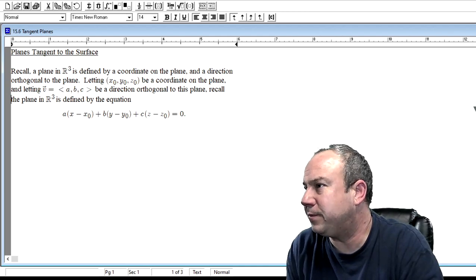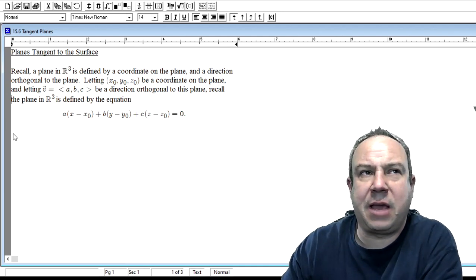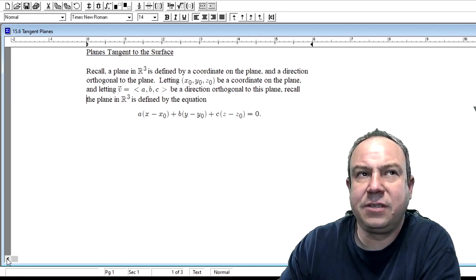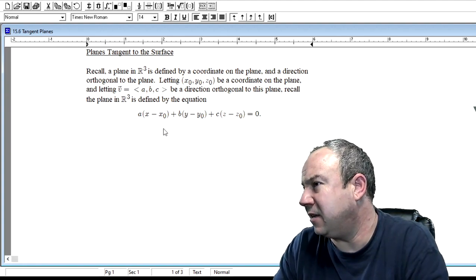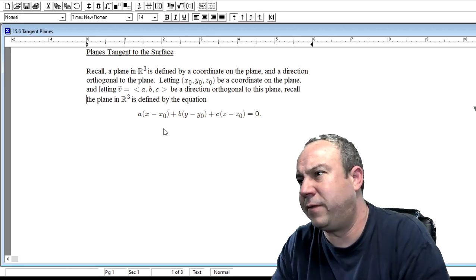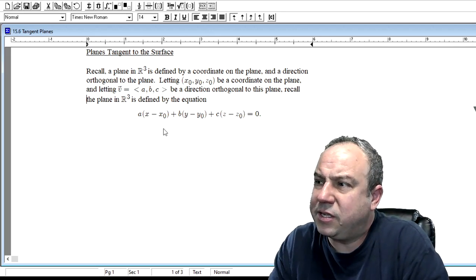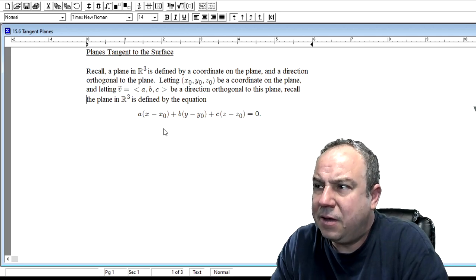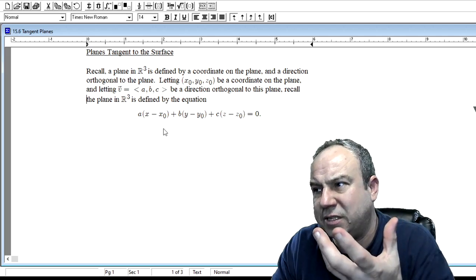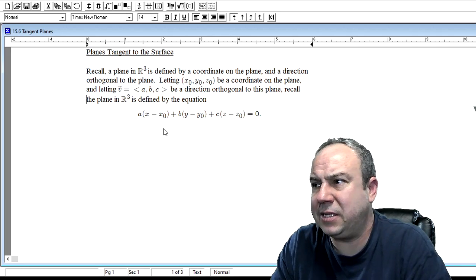What we are looking at in this section, if I flip over to the notes, is planes tangent to surfaces. That is our topic at hand. And I do say surfaces here, folks, because the way this initially develops is that it develops for any surface in n-dimensional space.